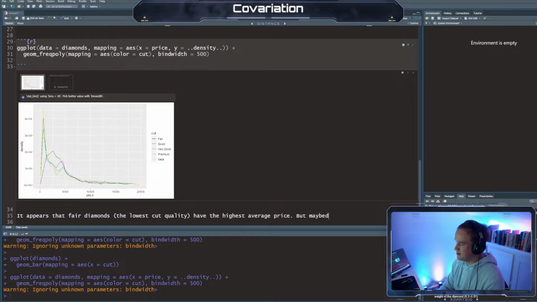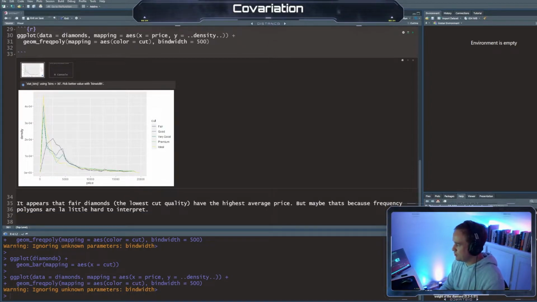But maybe that's because frequency polygons are a little hard to interpret. So we can look at it another way. So another alternative is the box plot.